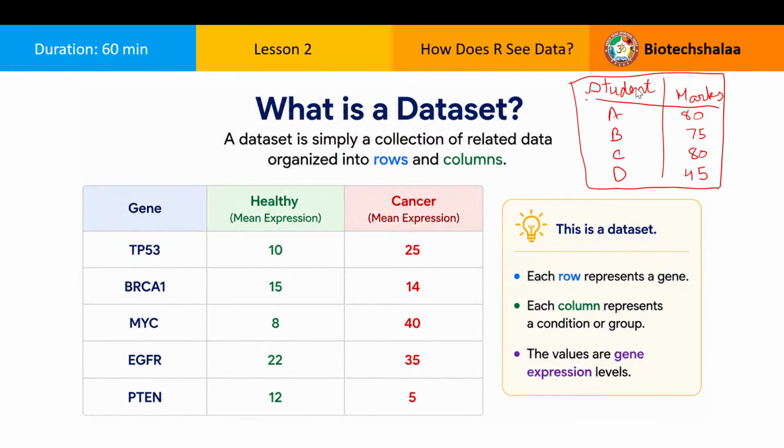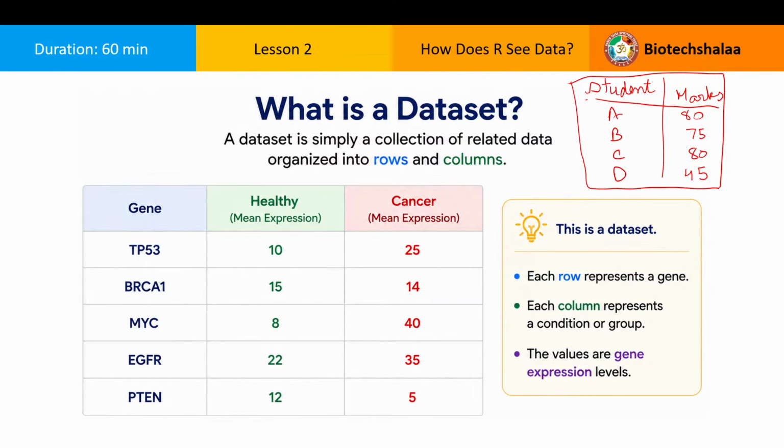So a simple rule is that whenever you see a table like this, where you have something here and here you have values of it, this is a data set. You can always think of it as a data set. It does not matter what it contains, whether students, marks, genes, patients or DNA sequences, it is still a data set.